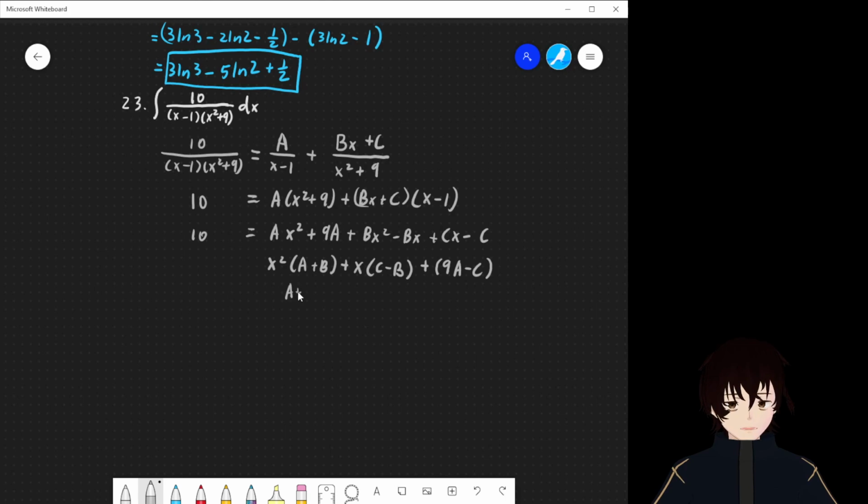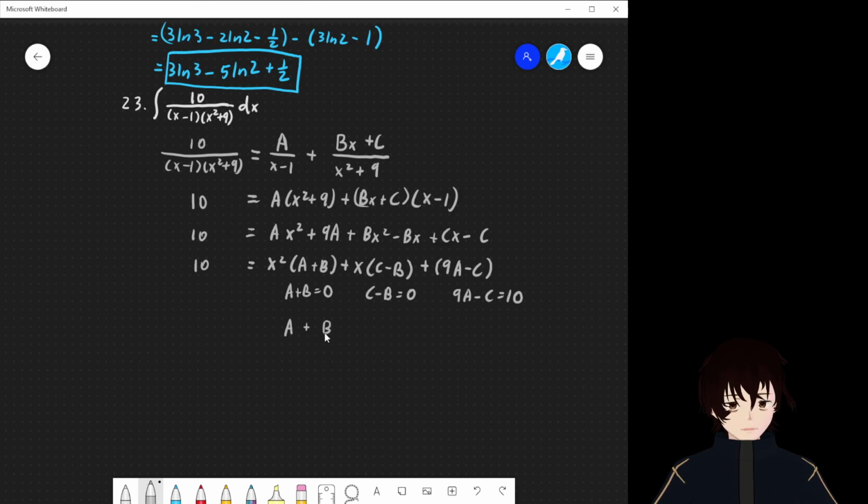So A plus B equals 0. C minus B equals 0. 9A minus C equals 10. Alright then. Let's write this out the long way.